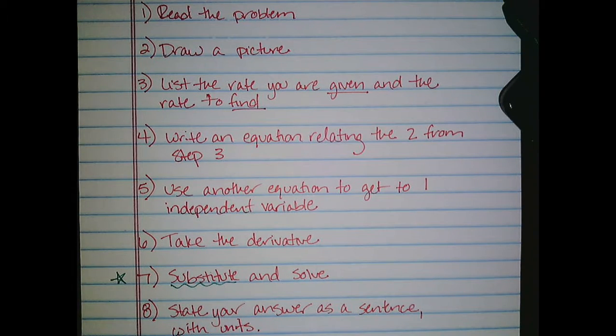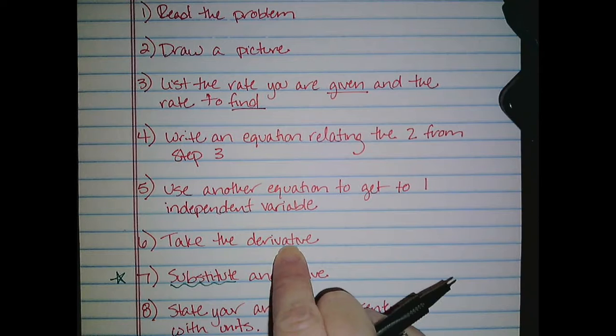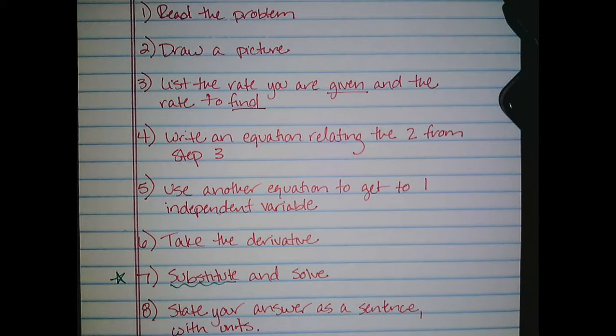That means you're either going to end up with a derivative that's a constant multiple or possibly a constant itself, in which case the rate of change would be 0. So if something is changing in this problem, you cannot substitute a value in for it until you've taken the derivative and accounted for the fact that that thing is changing. Otherwise, you're not going to end up with the right results.